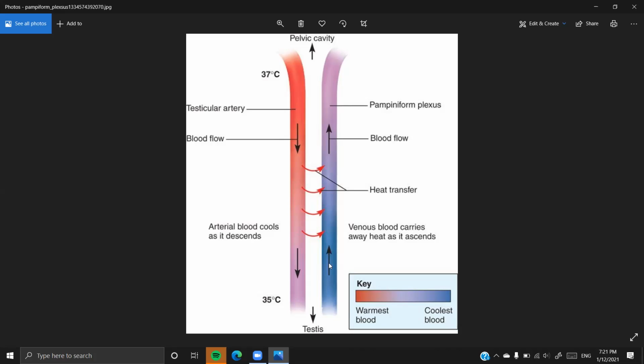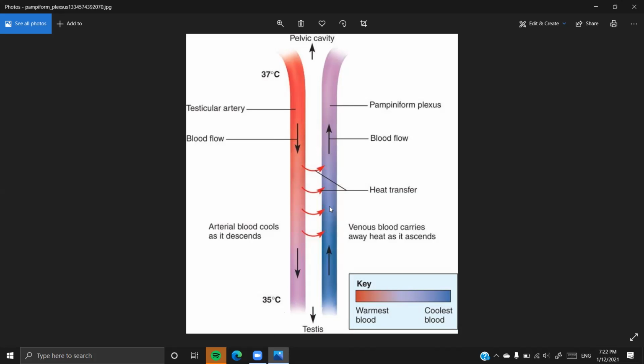So you can see that the temperature is lower here. The blood moving through the testicular artery is becoming cooler because it is losing its heat to the pampiniform plexus.